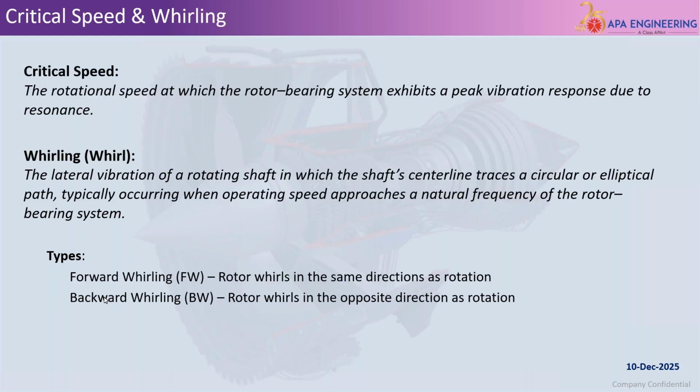If the whirl direction is the same as the direction of the shaft rotation, we call it forward whirling. If the whirling direction is opposite to that of the shaft rotation, we call it backward whirling. Both forward and backward whirling modes play key roles in rotor stability, so understanding them is crucial in our rotordynamics study.